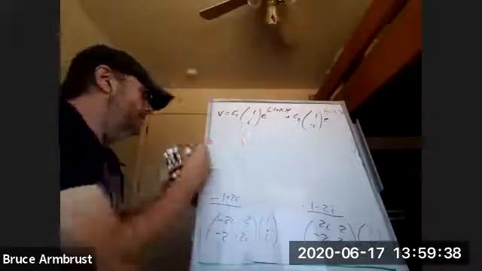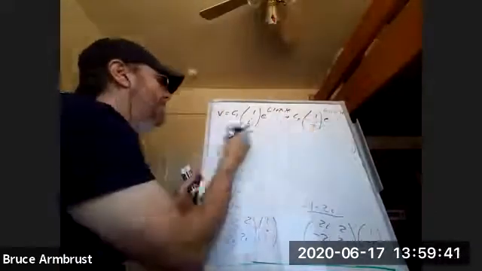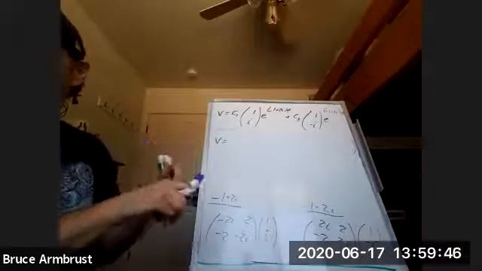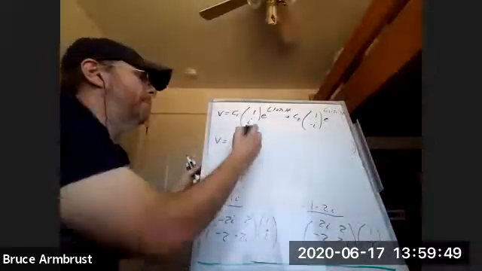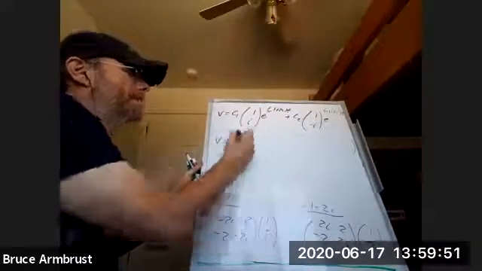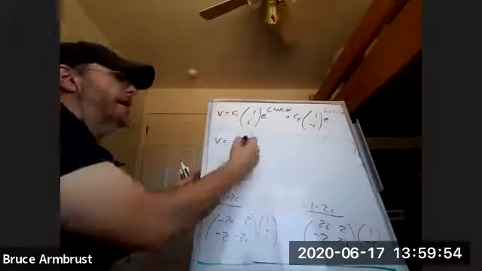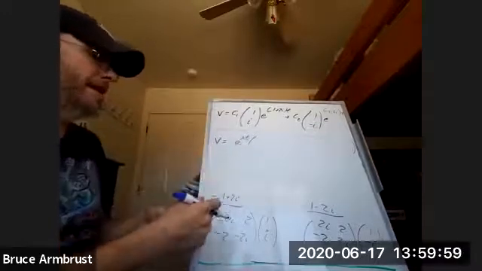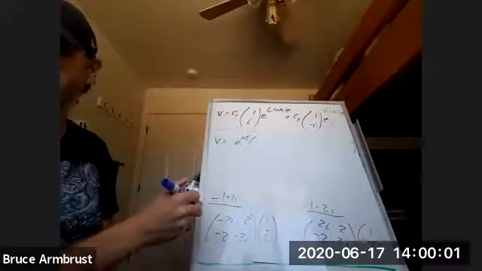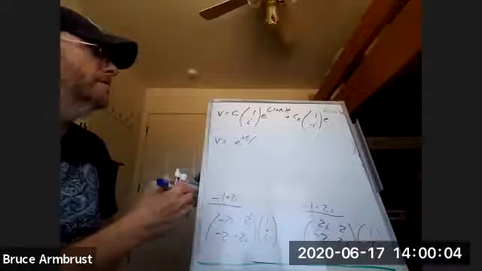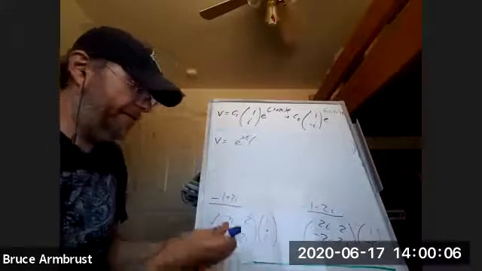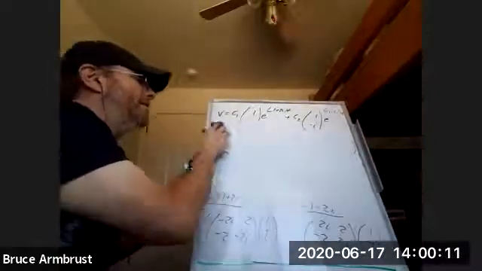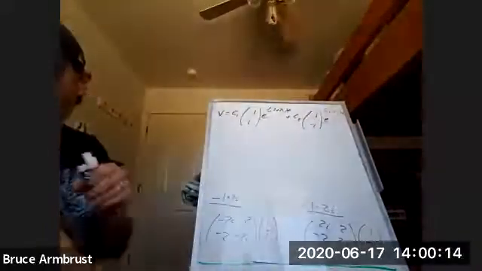So in general, your vector is going to have an e to the lambda t times the eigenvectors. It's getting way too confusing. Hold on a second. Let me give you what this one will look like, and then we'll talk about the general case.